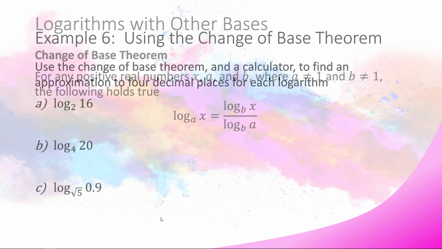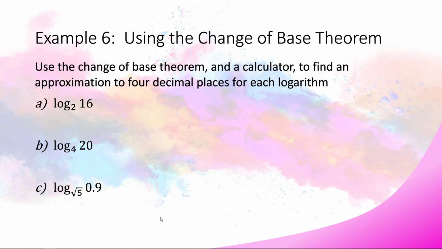Here we have the log base 2 of 16. If you guys remember correctly, log base 2 of 16 is going to be equal to that power, I'll call it y, that we must raise 2 to get 16. And that would be 4, because 2 to the 4th power is equal to 16.